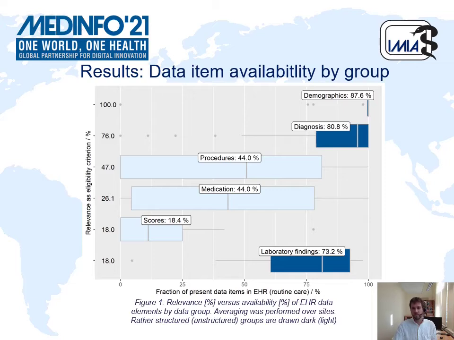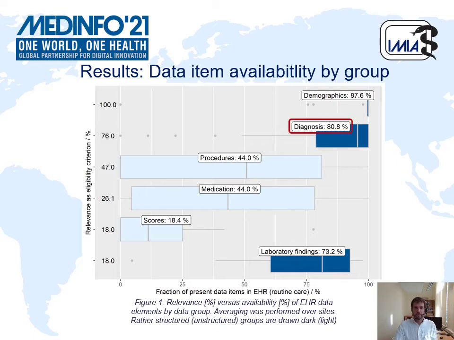If we take, for example, the data elements date of birth and gender from data group demographics, which are ubiquitous eligibility criteria, we can see that they are, except for rare cases, present in almost all health records in a structured form.